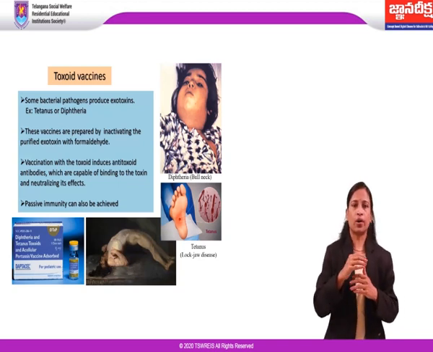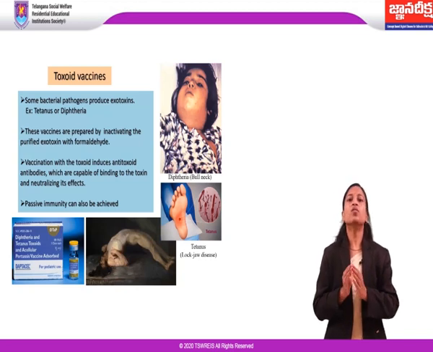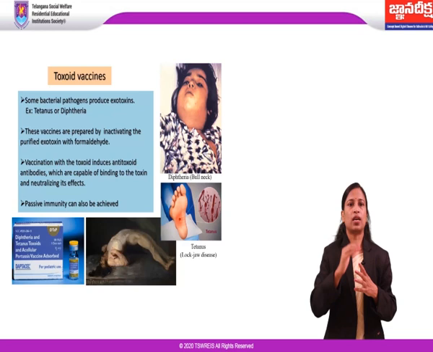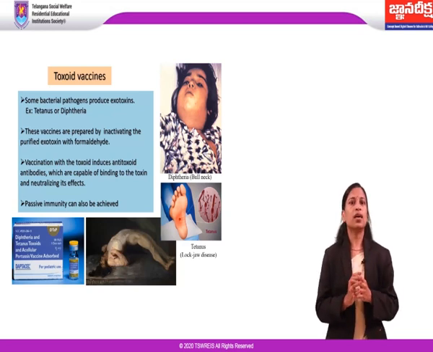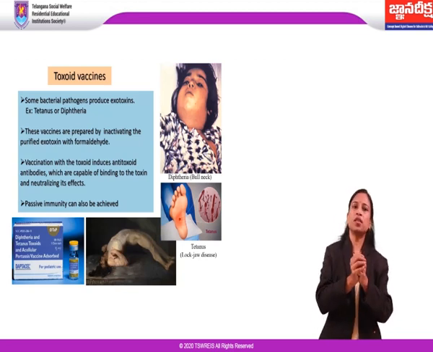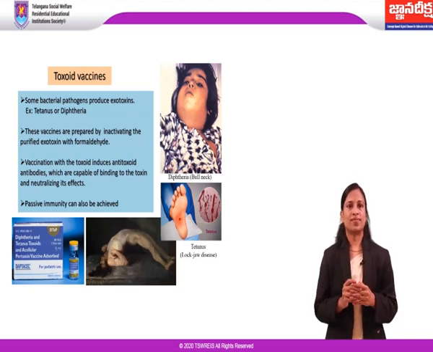Vaccination with the toxoid induces anti-toxoid antibodies which are capable of binding to the toxin and neutralizing it. Examples: diphtheria and tetanus toxoids, which are given in combination with pertussis vaccine as DTaP or DPT.